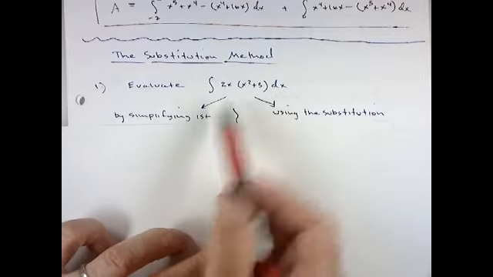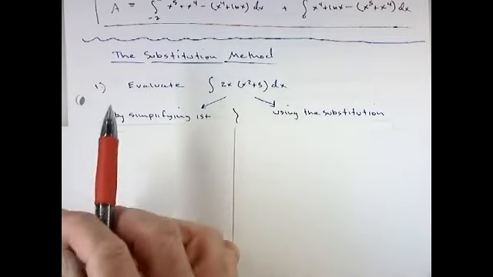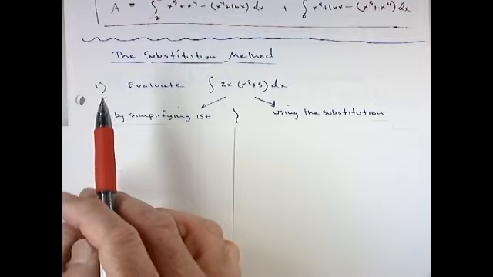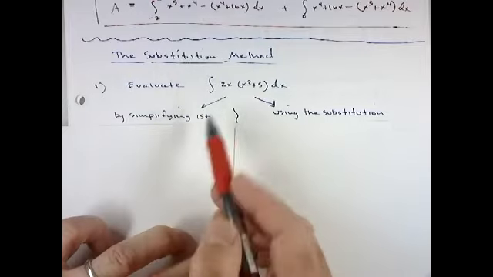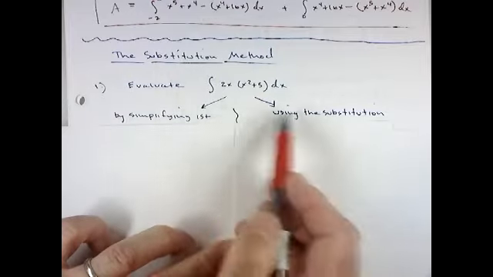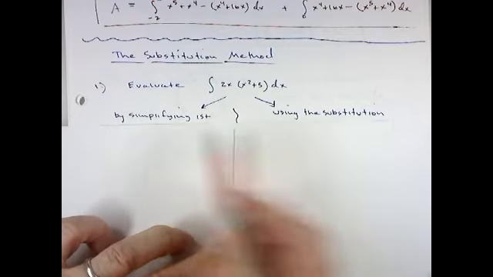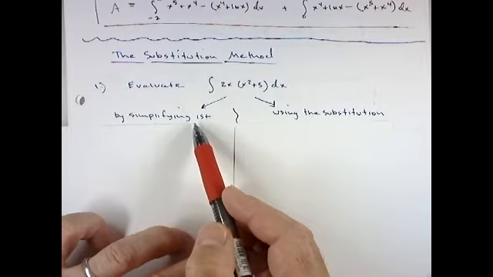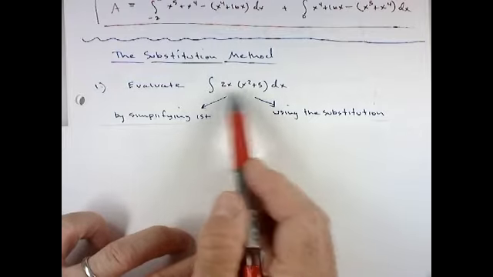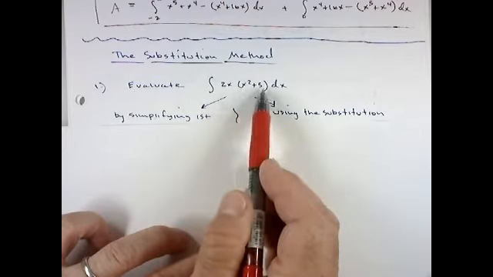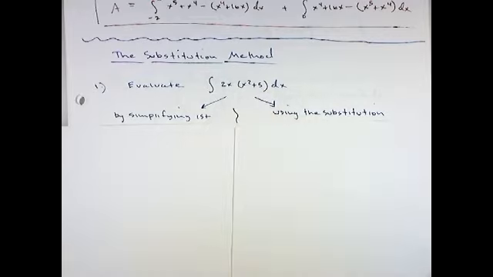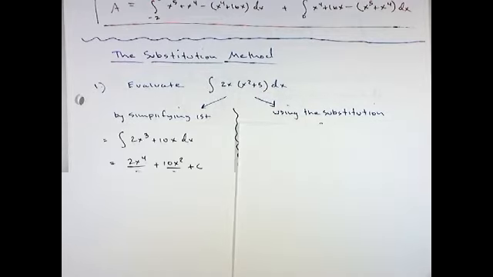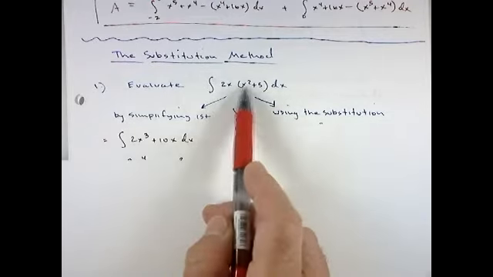And this integral, given the choice, I probably wouldn't use the substitution method, but I'm going to show you two ways to do it, one of them using substitution to convince you that it works. I think the easiest way to do this one is to simplify 2x times x squared plus 5 first by simply multiplying, distributing the 2x.